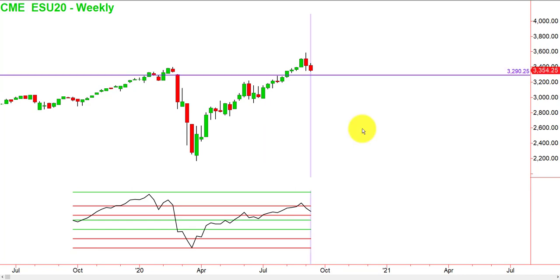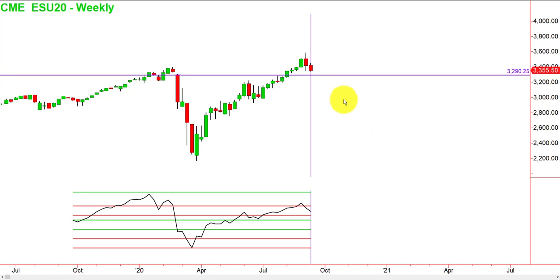So now I've gone ahead and applied the loss forecasting trading tools, and what it's suggesting is that this week, okay, this current week is actually the likely week for a low to form, but that low is likely to form down towards 3290.25.